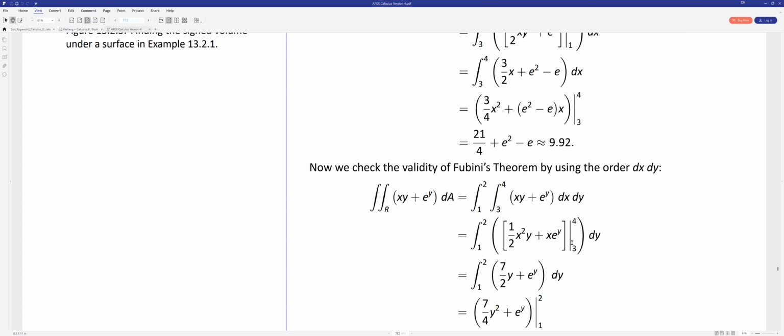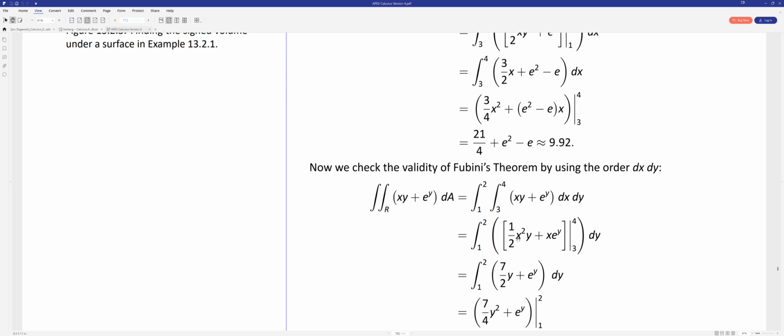And now what I need to do is put in my x values, which are 4 and 3. Again, he skipped a step over here. What you need to do is put x equal to 4 into this, put x equal to 3 into this, and subtract. I'll just explain how you got these values.